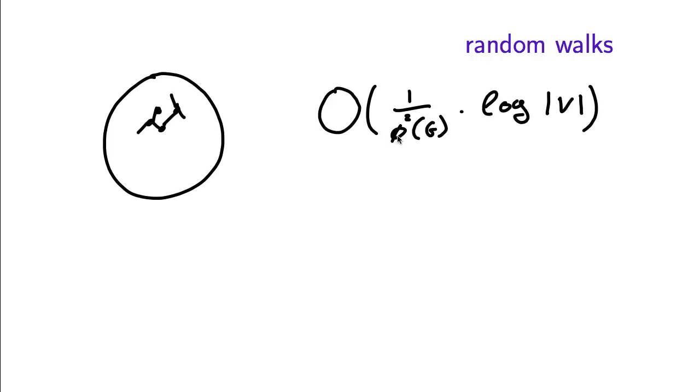So when the expansion is a constant, this 1 over expansion squared is also a constant. So the total bound is logarithmic.